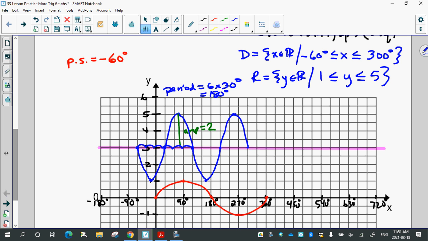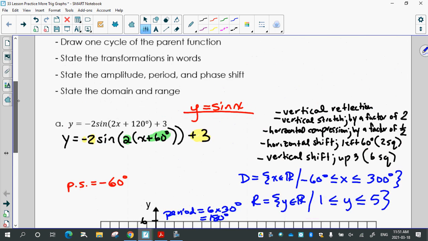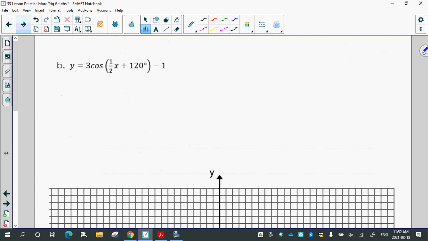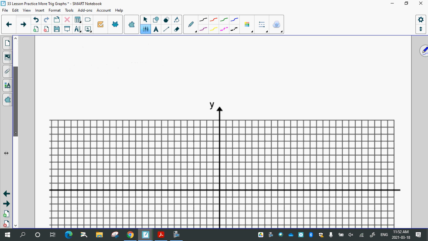All right, so just one more. Same things we're doing. So start off with labeling your axes.